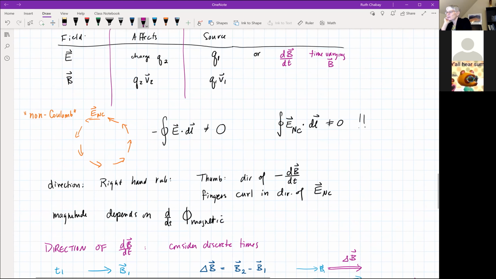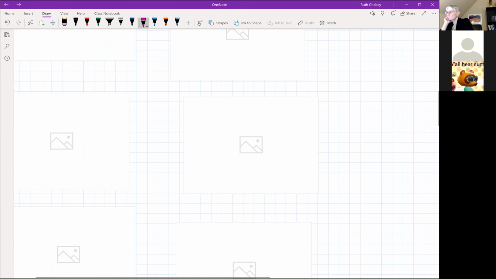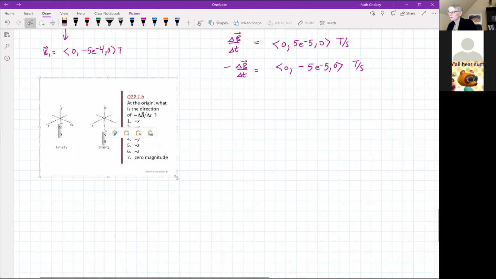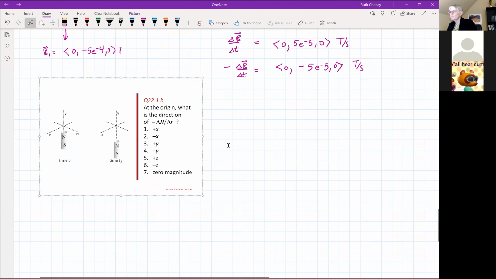Okay, so let's see if we can answer a question about this. Okay, so here's our question. We have a magnet with its north pole up that's located on the negative y-axis, and it's moving away from the origin.